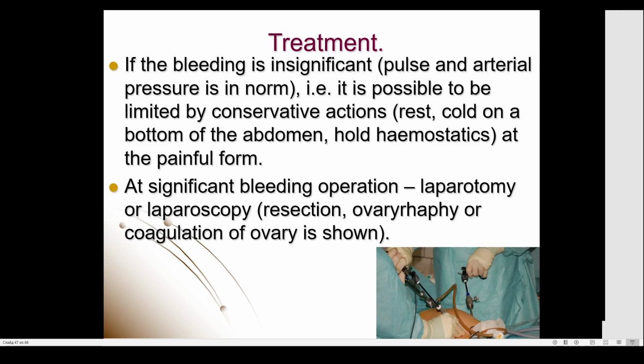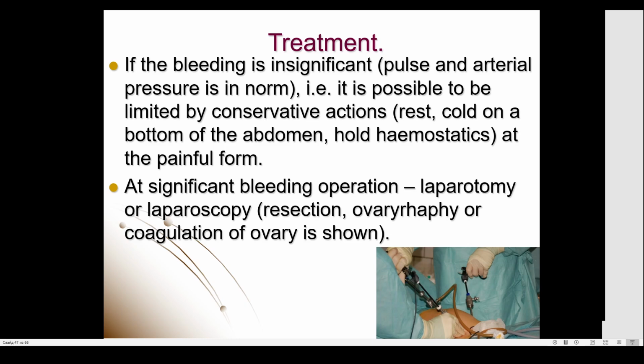Treatment. If the bleeding is insignificant and there are no signs of hemorrhagic shock, it is possible to be limited to conservative treatment. That is rest, a cold compress on the lower abdomen, and hemostatics in the painful form.